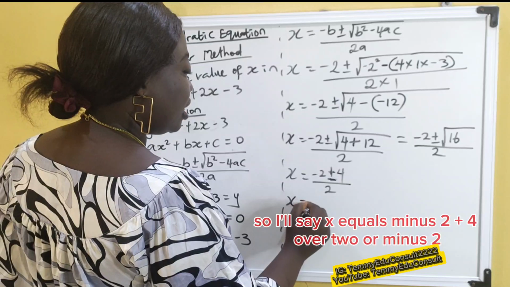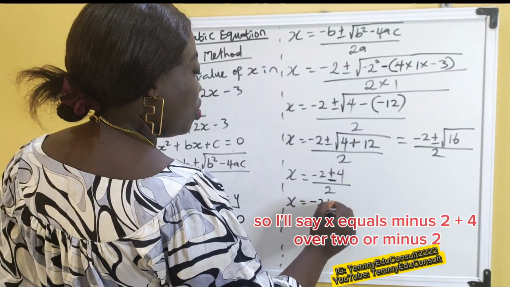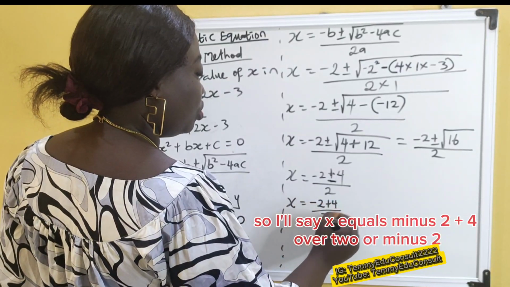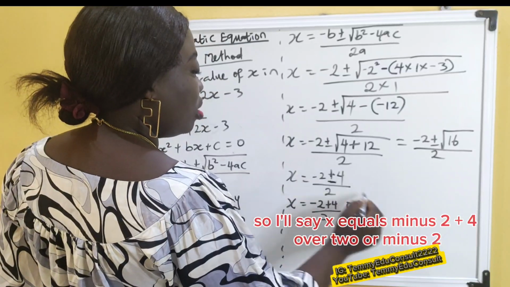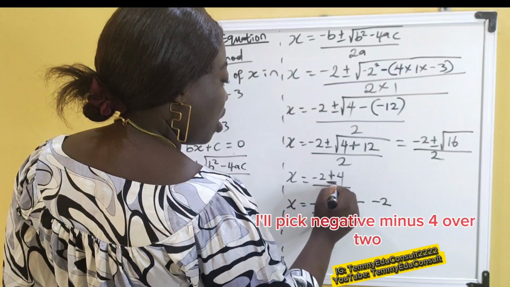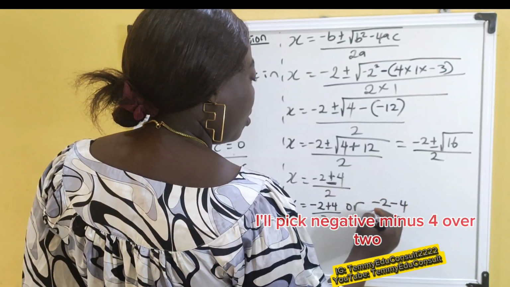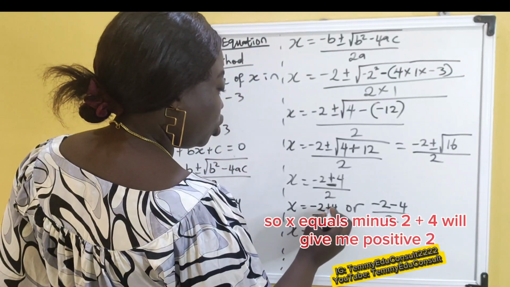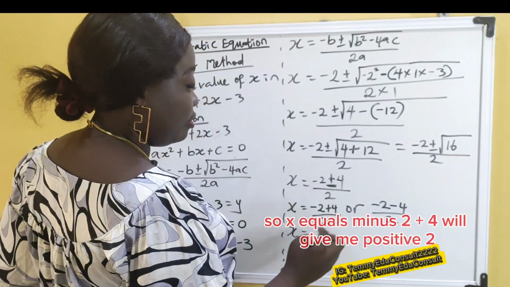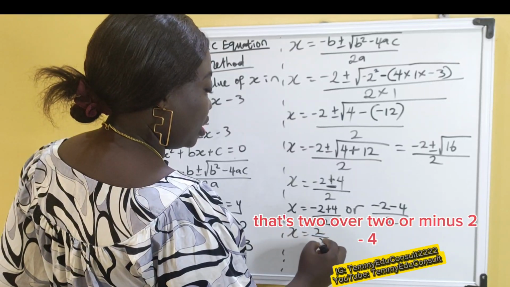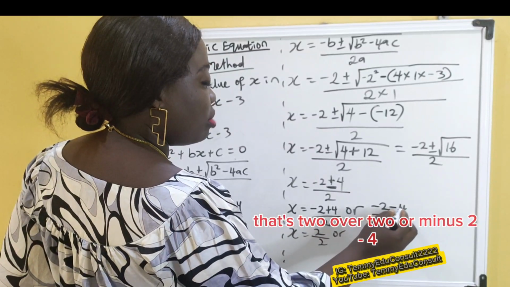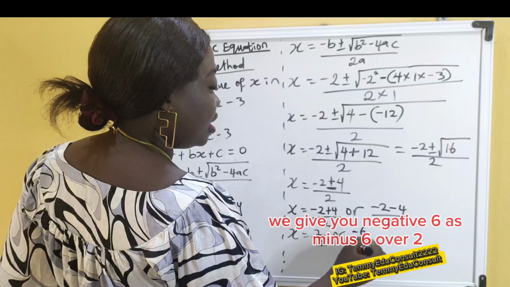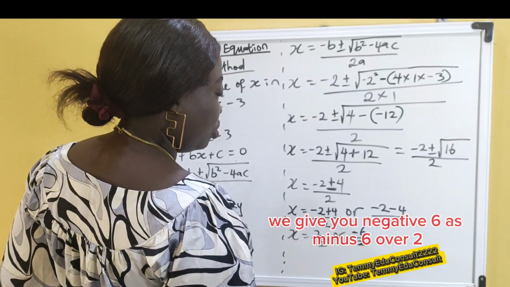So I'll say x equals to minus 2 plus 4 over 2, or minus 2, I'll pick the negative, minus 4 over 2. So x equals to minus 2 plus 4 will give me positive 2. That's 2 over 2. Or minus 2 minus 4 will give me negative 6. That's minus 6 over 2.